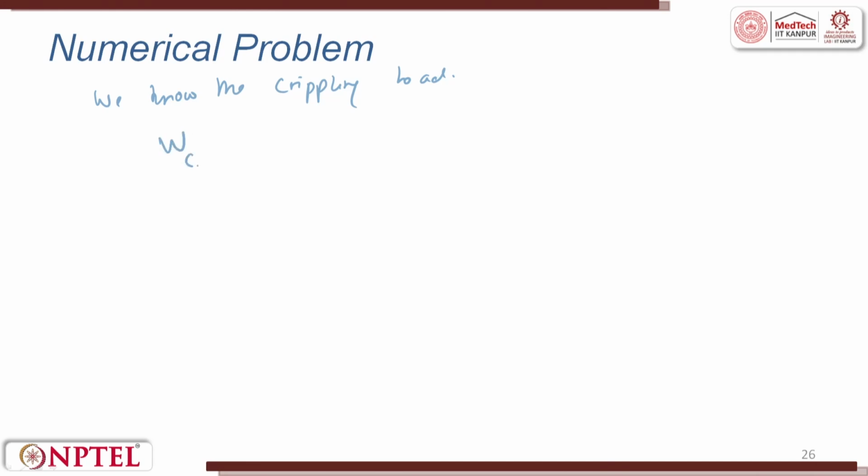So, that is nothing but VCR, which is M into W, which is 2.5 times into 1400, which is 3500 Newton.